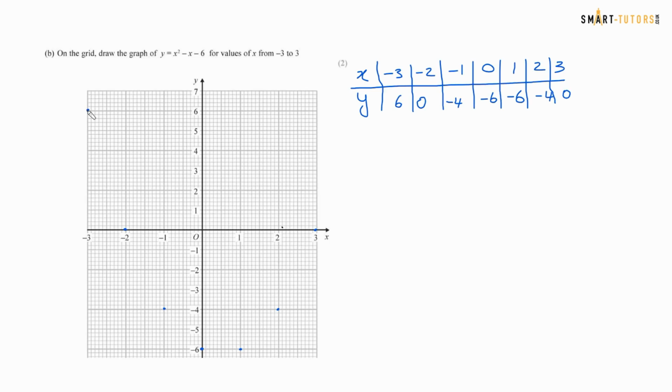So we need to connect those points to get the smooth line. Hope I can do it with the pen I'm using here.